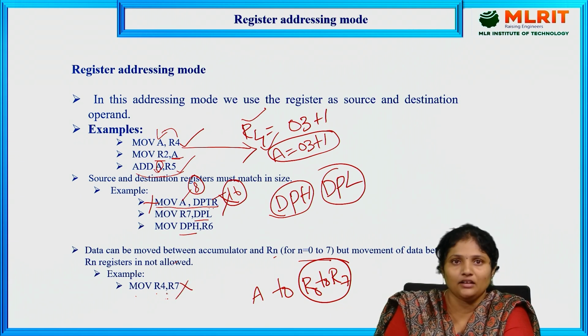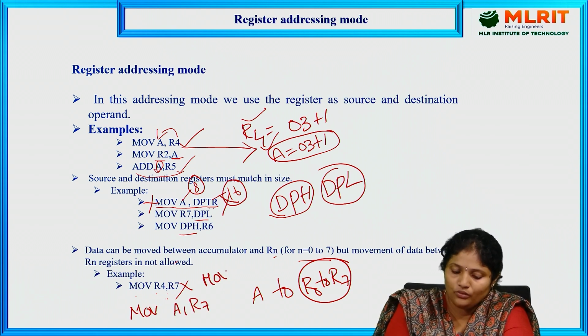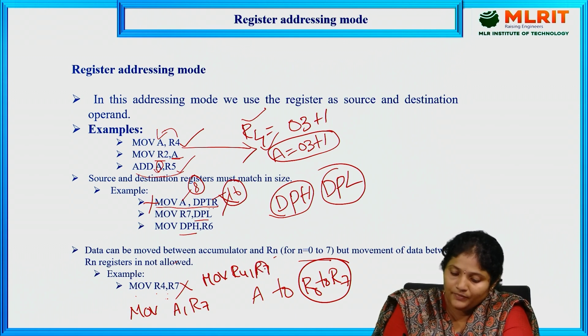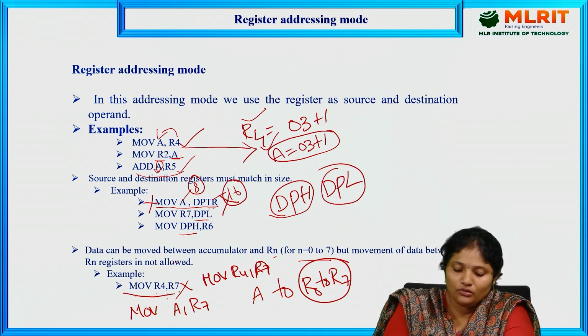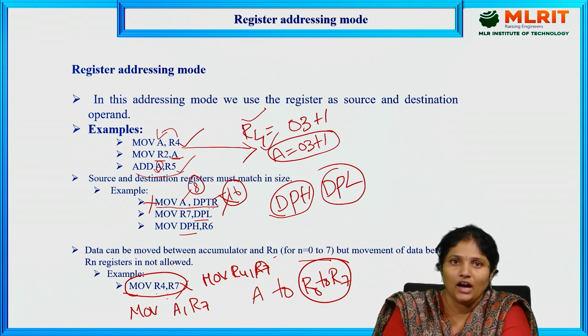You shouldn't use two Rn registers in a single instruction. In this case, you can use MOV A, R7 or MOV R4, A. Suppose we want to copy the data from the R7 register to the R4 register.